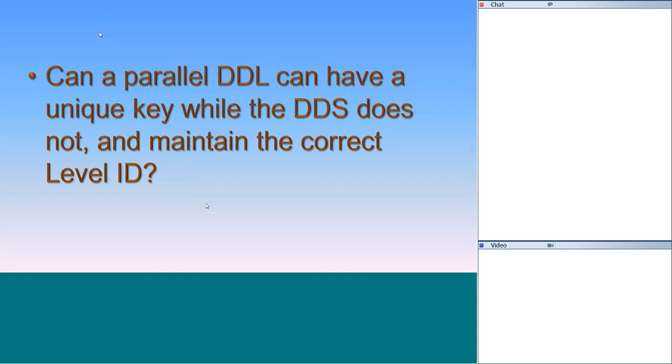And different attributes, and I'm talking about length and data type, will give you a different level ID. And strangely enough, the default will change your level ID. Those are the things that affect the level ID. Keys do not. So I hope that is the answer to the question.